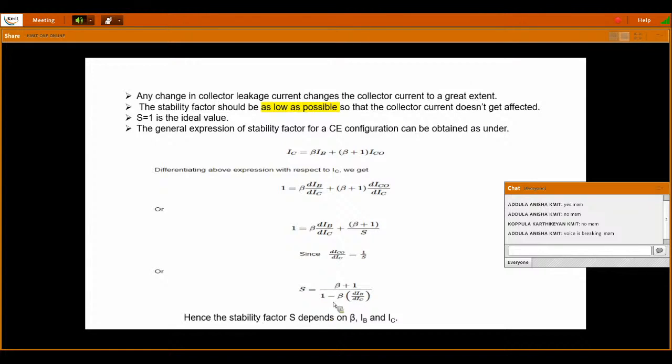So now the stability factor of fixed bias circuit is equal to beta plus 1 times this. This is your stability factor of your fixed biasing circuit. So the change in dou IB divided by dou IC is almost, the base current will vary with a finite value.